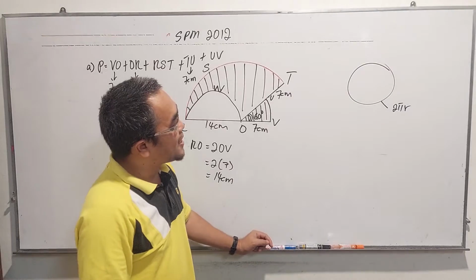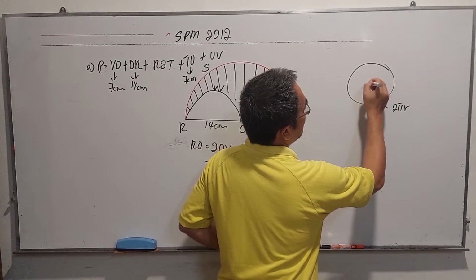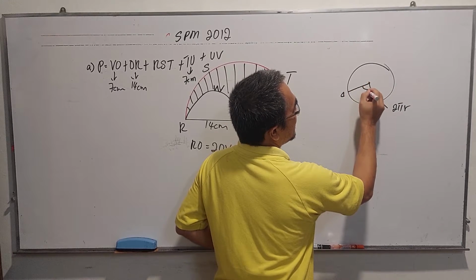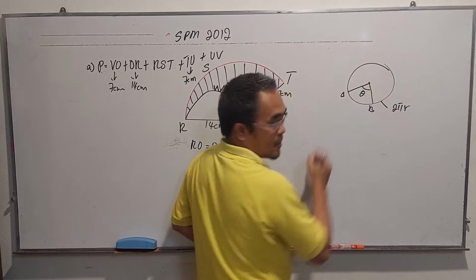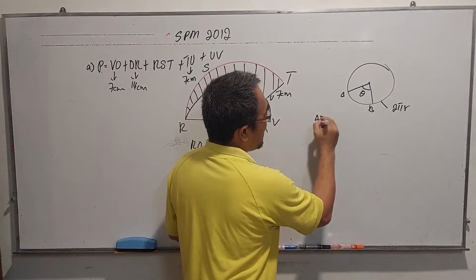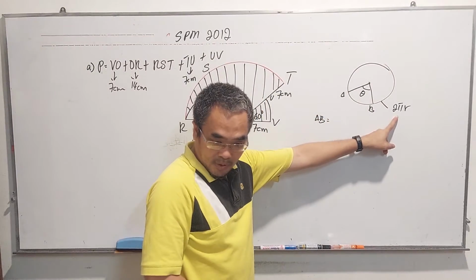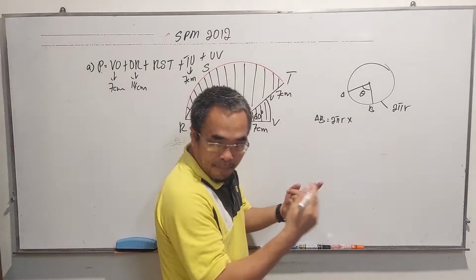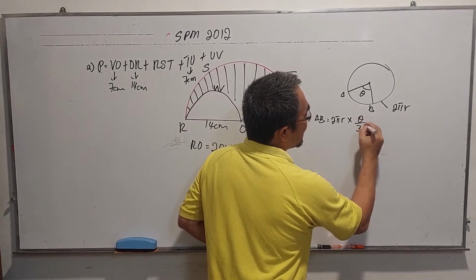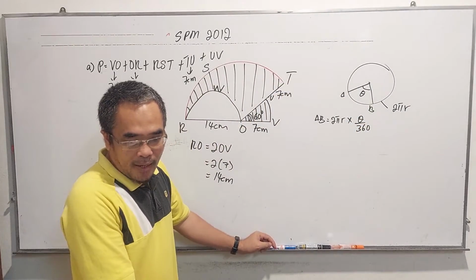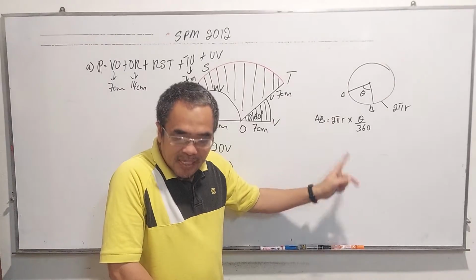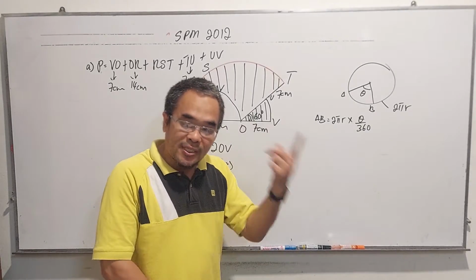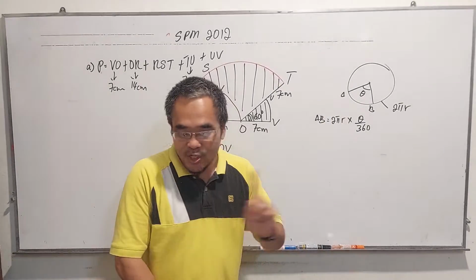When you want just part of it, let's say A to B, and the angle here is theta, in order to calculate AB, it will be 2 pi r multiplied by theta over 360. In the context of maths, this formula is given to you.